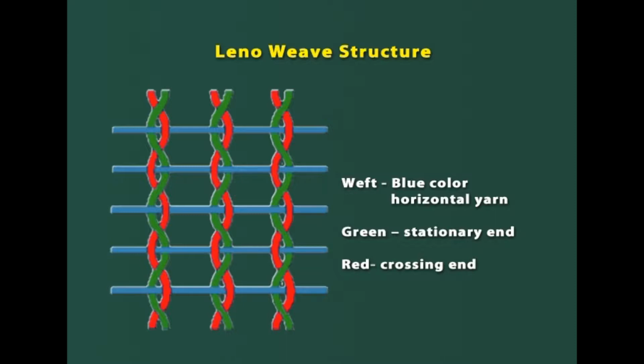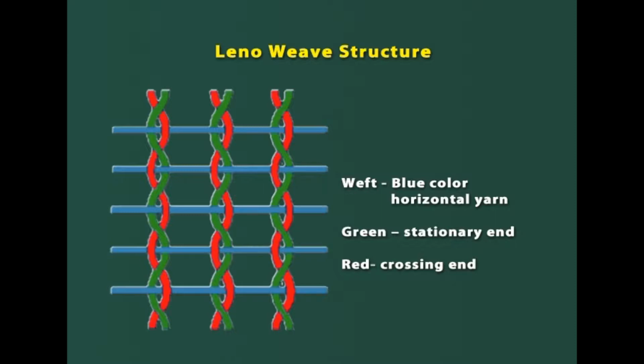So, if you look at this picture, you see different colored yarns both in the horizontal way and in the vertical way. Now, the horizontal yarns are blue in color. They represent the filling yarns, whereas the vertical ones, which are in red and green color, represent the warp threads.